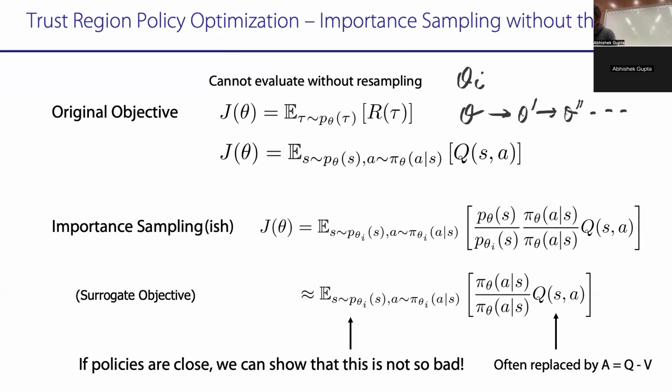So the point here is that at any iteration, you'll collect some data, then you'll set theta to theta i. Then you'll evaluate this objective, and you'll keep taking steps to go from theta to theta prime. So you took one step from theta to theta prime. Now you're not going to draw new samples, but this importance weight is going to change.